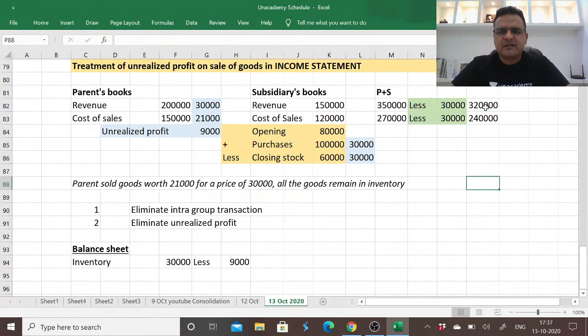Now this intra-group transaction has an unrealized profit of 9,000 which also needs to be removed. How to remove it?